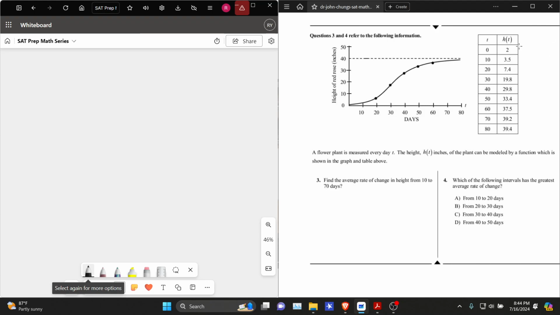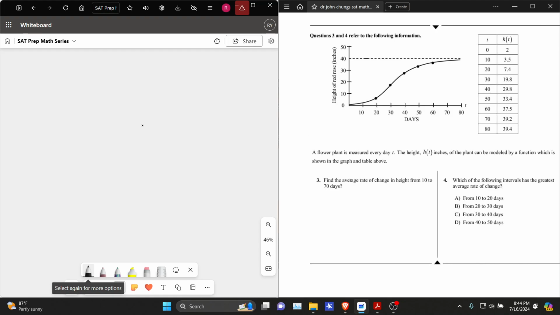And you can see the respective heights for t equals 10 and t equals 70. When t is equal to 10, the height is 3.5 inches. And when t is equal to 70, h(t), or the height, is equal to 39.2.